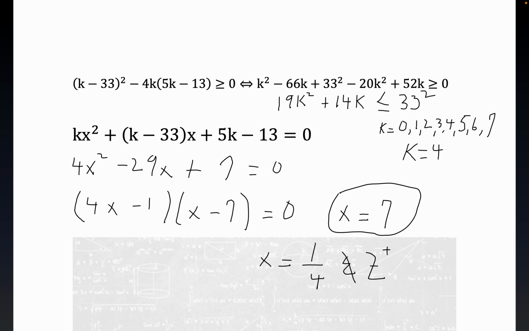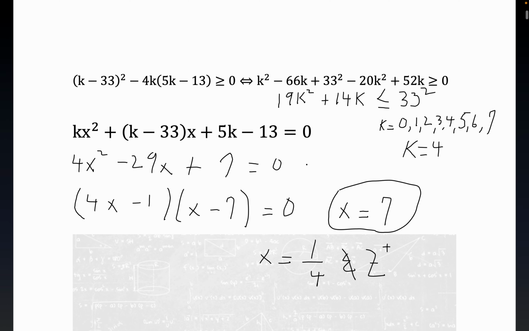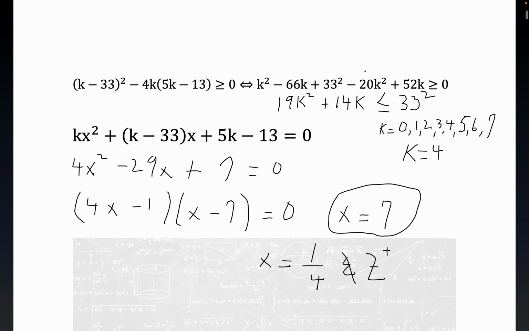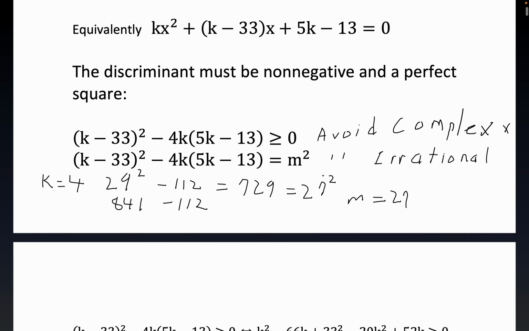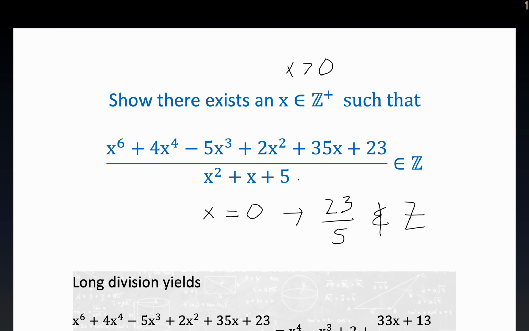One of the very excellent viewers of the channel noticed that there are some negative solutions also. I just went for the positive, but if you want to, you can. I think there's a couple of negative solutions also, from some negative values of k that satisfy this condition. If you guys feel like checking, you can. I'm not going to worry about it.